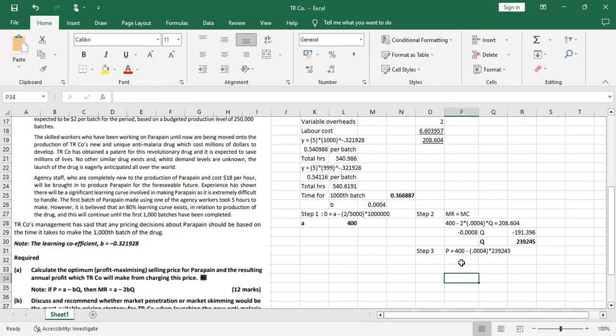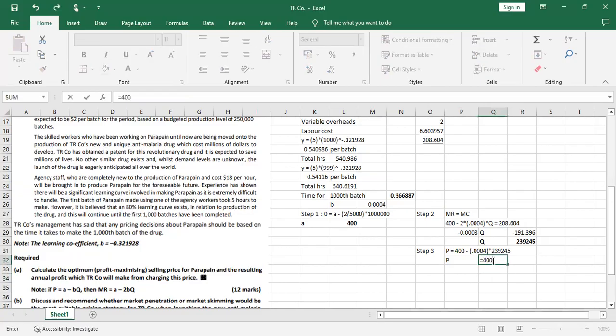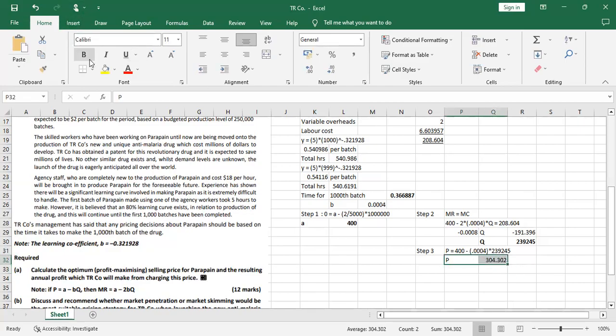So now you will solve this value of P. P is equal to, you can put the whole formula here, 400 minus 0.0004 multiplied with 239,245. So the price is 304.302. This is the optimal selling price or profit maximizing price.